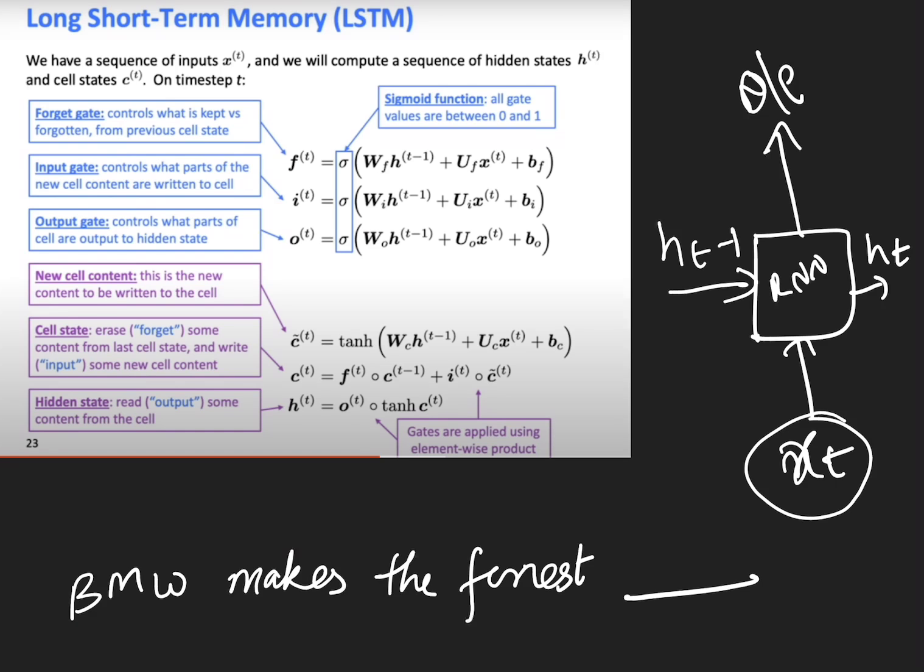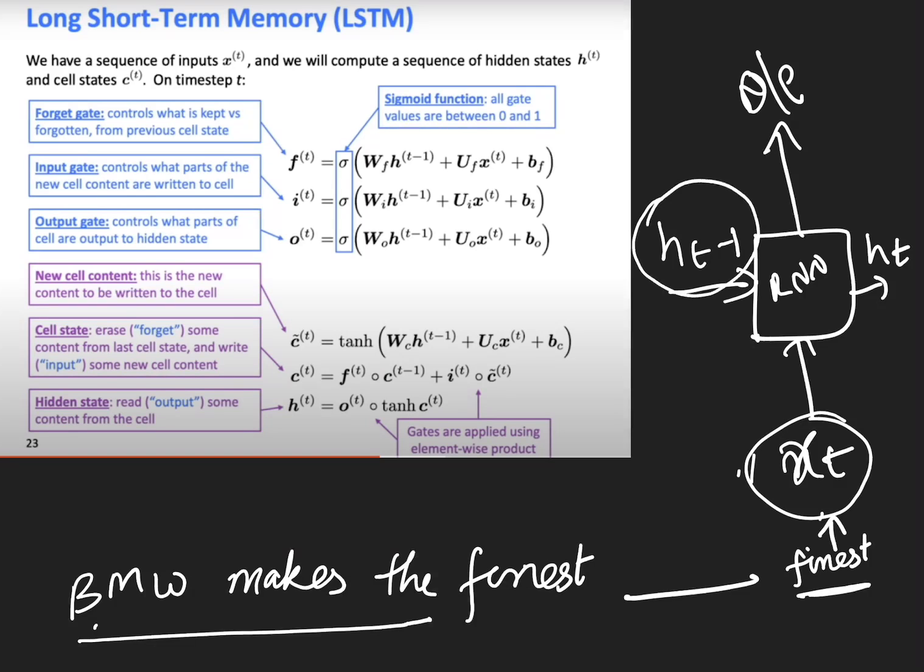Now, a hidden state. Let's say we are here. I've already given my LSTM "BMW makes the." Now, xt, I've given it "finest," the input to my LSTM, or it's an RNN. This is my current word, finest, and h t minus 1 is a vector which has the information about these words.